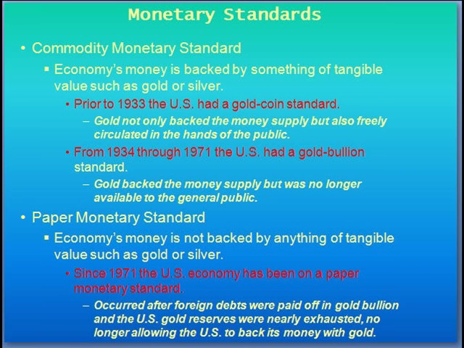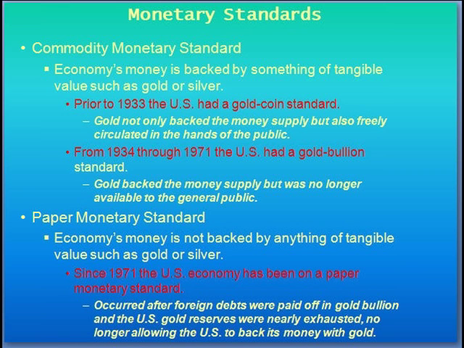From 1934 to 1971, your $1 bill was no longer able to change to gold coin in the bank. So that is called gold bullion standard, but actually the $1 is still backed by the same amount of gold.